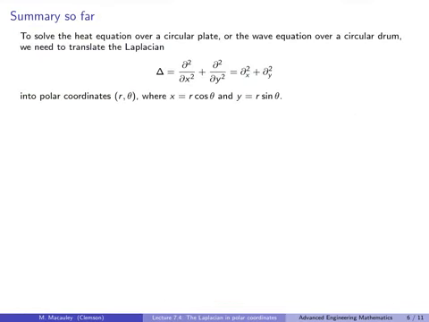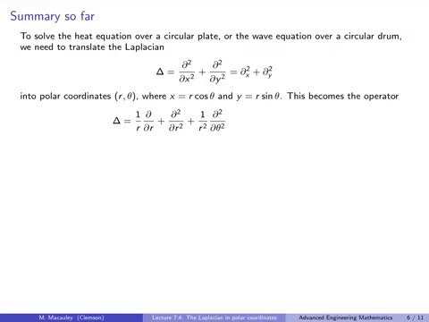Here's a summary of what we've done so far. To solve the heat equation over a circular plate, or the wave equation over a circular drum, we need to translate the Laplacian, which in Cartesian coordinates is the differential operator which is the sum of the second partial derivatives, into polar coordinates, r and theta, where x is r cosine theta and y is r sine theta.